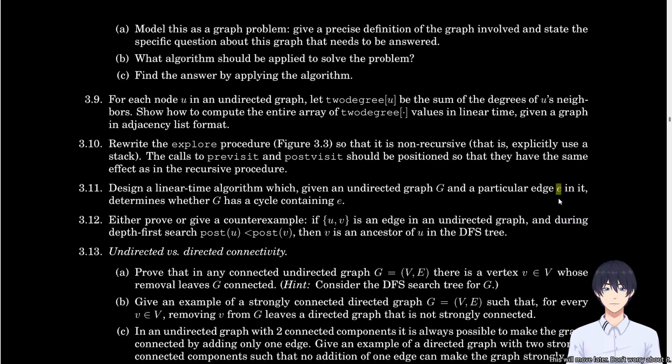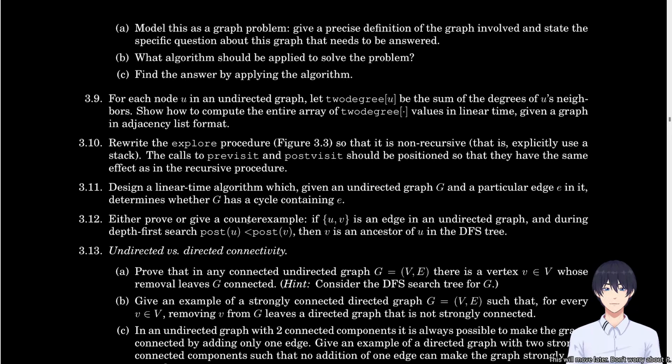Let's say E is the tuple UV or VU, right? We just start at U and explore. And if we ever see V, then it has a cycle and it's linear. We're done.